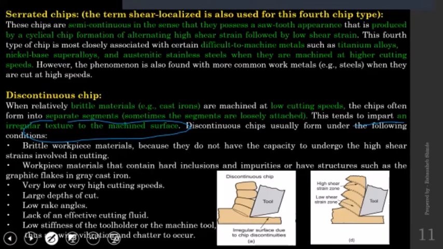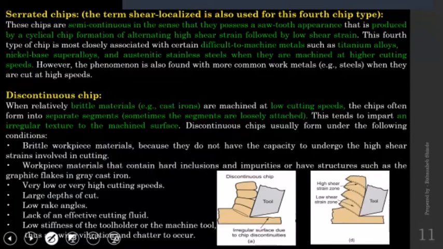Why do we get an irregular texture? Because the fracture is a brittle fracture. As you start machining, the chips formed are like segments. One segment is generated and falls off, another segment is generated and falls off. So the cavities generated on the work surface may be irregular, and because of that, the texture generated is going to be irregular. So surface finish will be an issue when you get discontinuous types of chips.